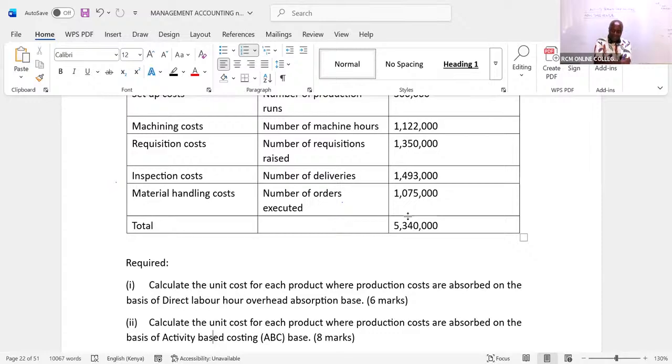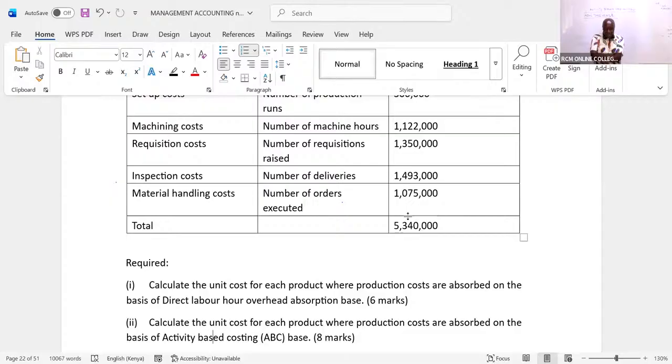Traditional method. Because the traditional method is the only one which makes use of one factor. And the factor in this case is direct labor hour.